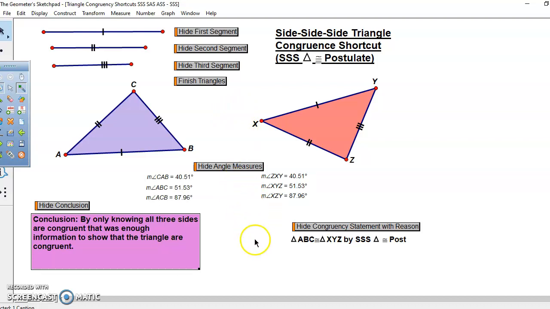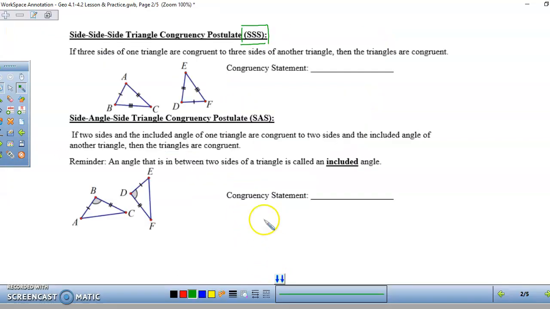Okay, so we'll go back here and we're going to look at our example here and try to do a congruency statement. So remember, congruency statement, you have a triangle and then 3 letters is congruent to another triangle and then 3 letters. Now, it doesn't really matter how you put the first 3 letters together. So I'll just say ABC.